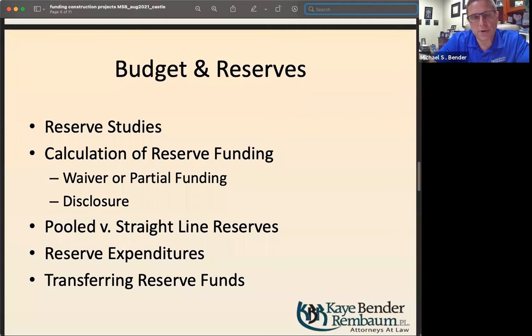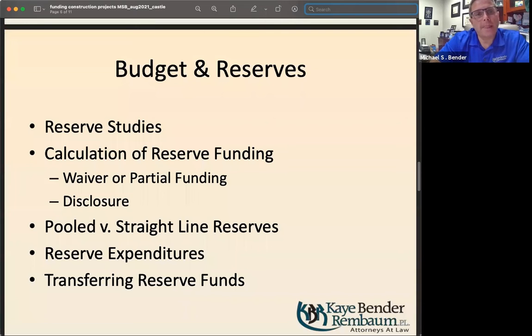Okay, pooled versus straight line reserves. Again, very briefly, the straight line is what I'm talking about, and that is where you have a line item for roof, a line item for paving, a line item for painting, and then maybe a line item for a cooling tower, a line item for elevators, etc. And you would reserve funds into those items.